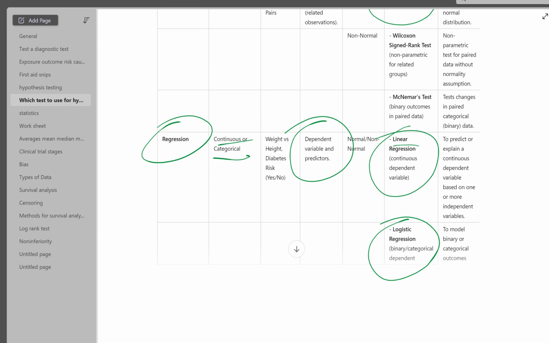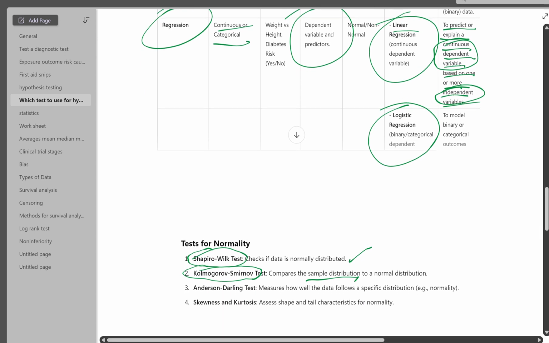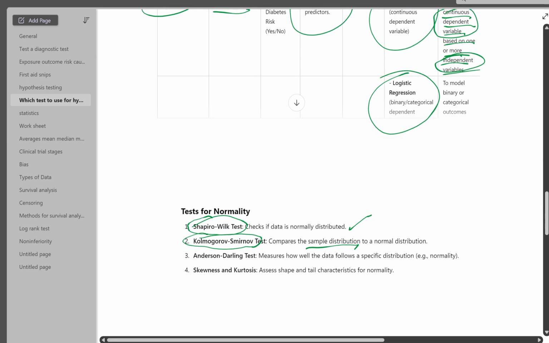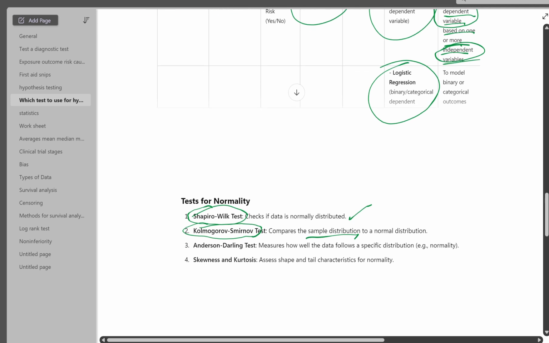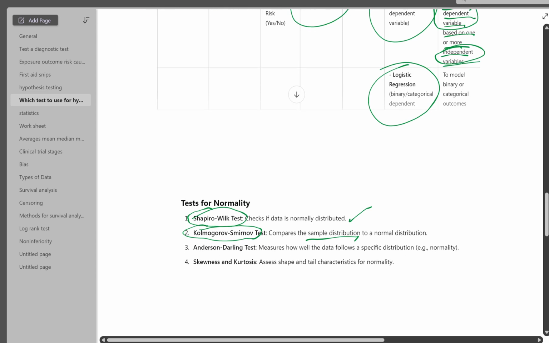Linear regression is to predict or explain a continuous dependent variable based on one or more independent variables. And we do logistic regression to model binary or categorical outcomes.